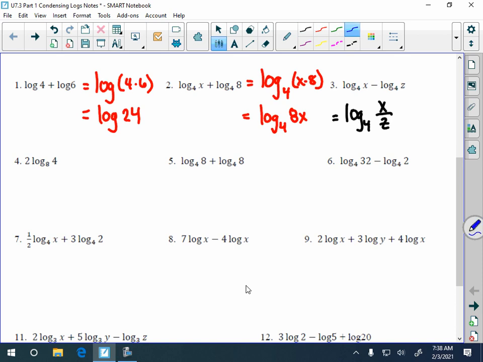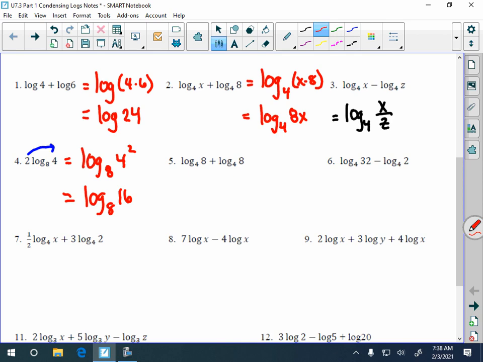So here we're going to take this 2 and bring it up as an exponent. So log base 8 of 4 squared, and then that'll become log base 8 of 16, and then you can't simplify that because there is no 8 to a power that equals 16.